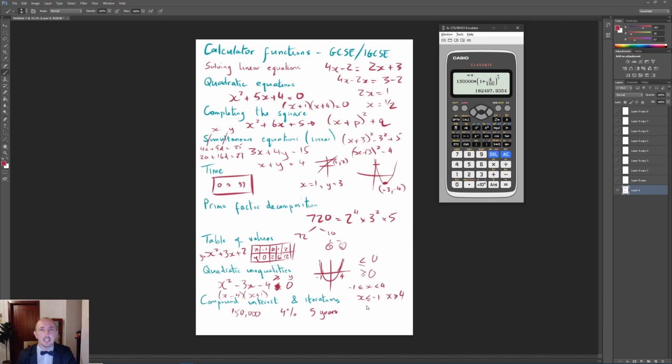So if you have like U n and then it's U n plus 1 and it does some complicated calculation, you can start with your first number, press equals, and then do 2 times answer plus 1, and it will do that for you. Okay, so the iterations and compound interest are using the same functions on the calculator.